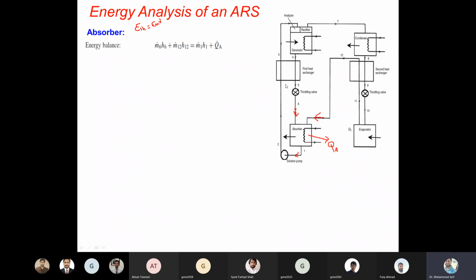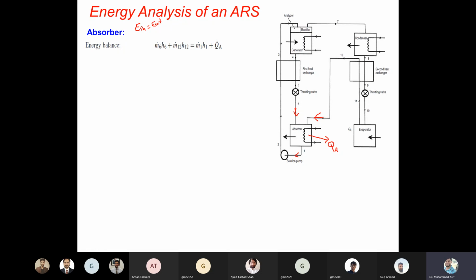As you can see, the first one is in, and similarly this 12 is also in to the absorber. So what is going out? The energy QA is going out, and similarly from point 1 the energy M1 H1 is going out.